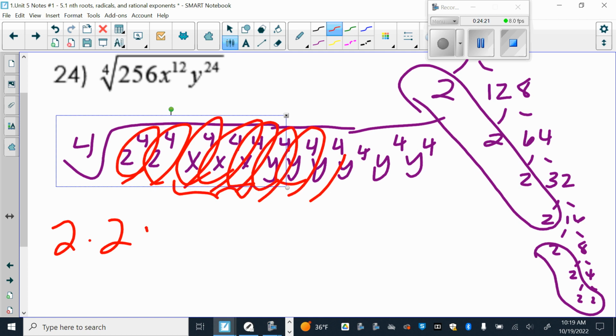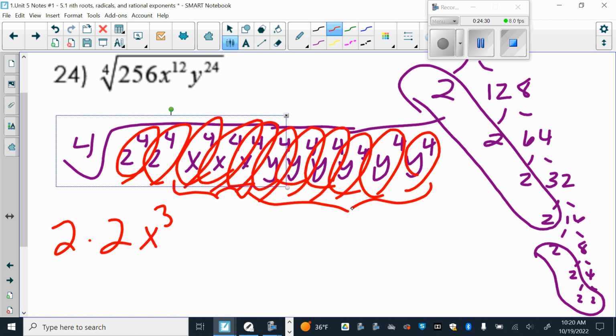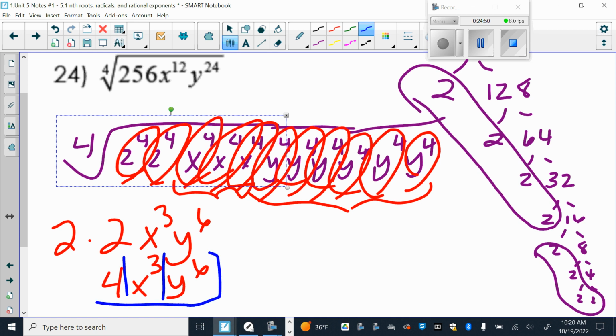Those are my x's. And then for the y's, I have 6. Those are my y's. So this simplifies to be 4x to the third, y to the 6th. I did have an even root with an even exponent, so I do need a set of absolute value bars around x to the third, since that one came out to be an odd exponent.